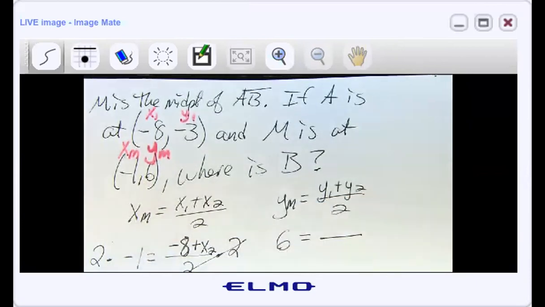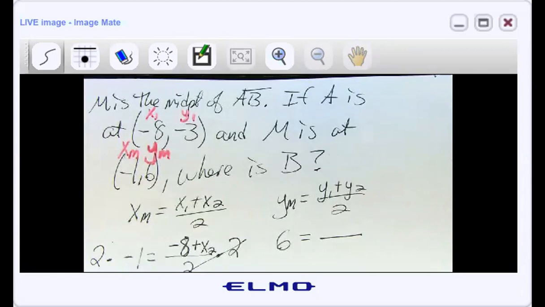And now I need Y1 plus Y2. So what is Y1, Michael? What's the value of Y1? Look back at your original problem.